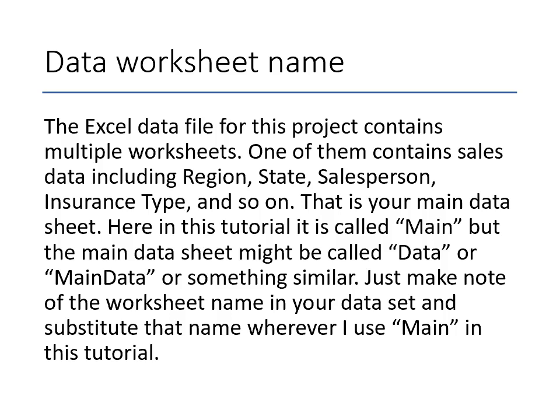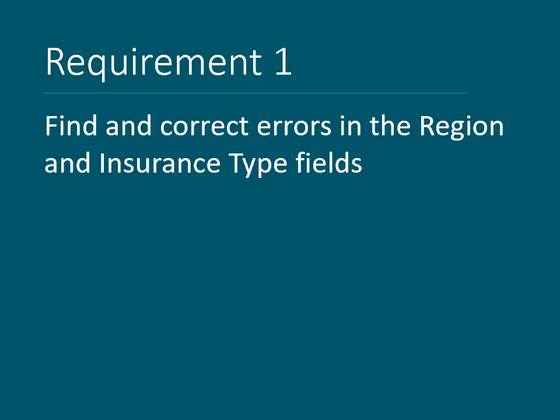One of them contains sales data including region, state, salesperson, insurance type, and so on. That is your main data sheet. Here in this tutorial, it is called main, but the main data sheet might be called data or main data or something similar. Just make note of the worksheet name in your data set and substitute that name wherever I use main in this tutorial.